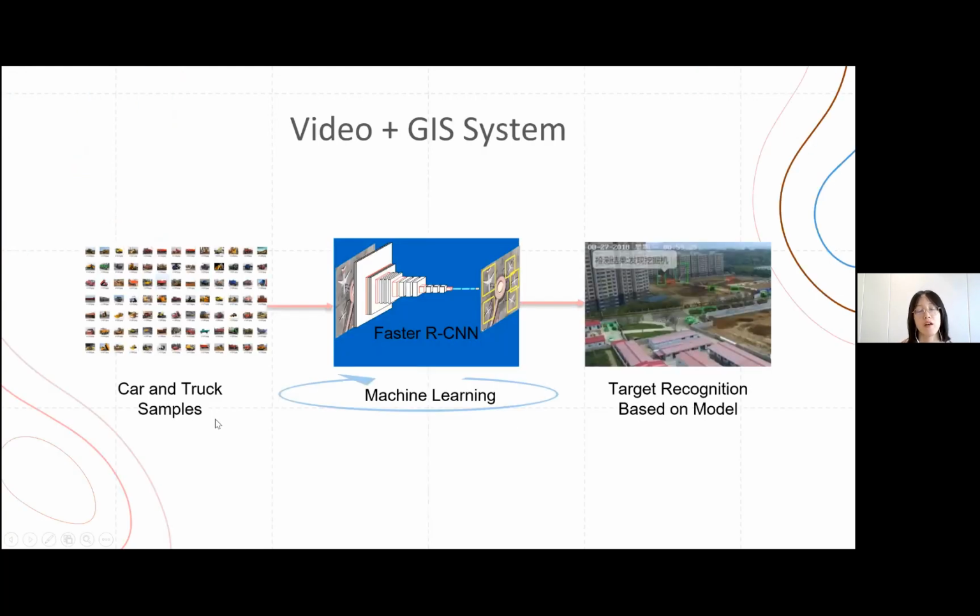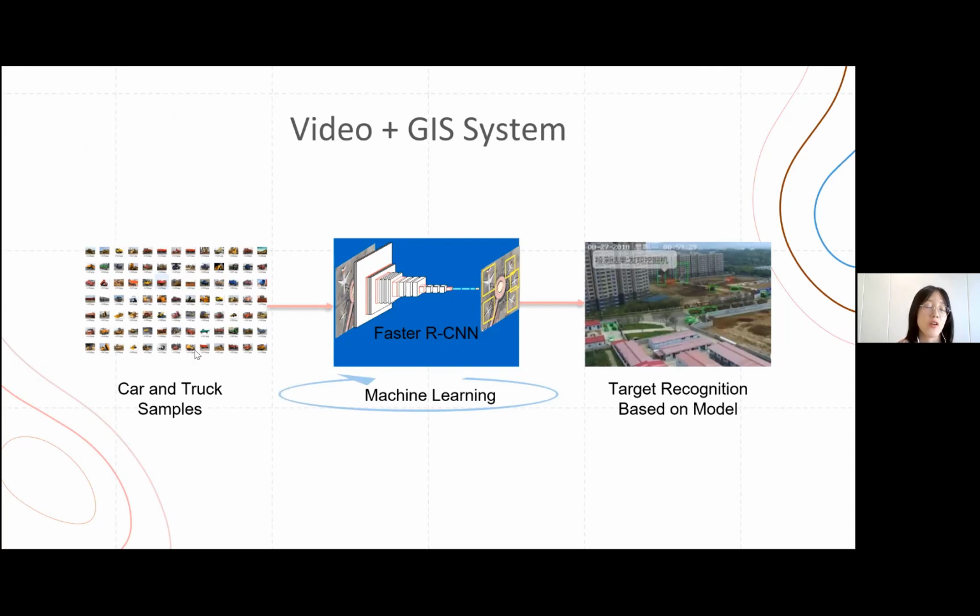And here is a more complicated video plus GIS system example. This one also uses AI, so here we would have a further explanation.